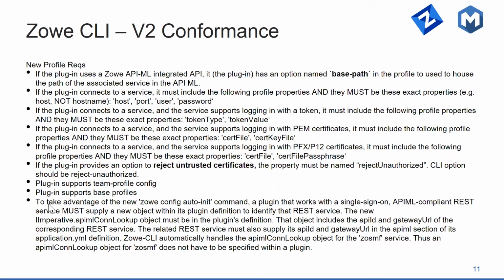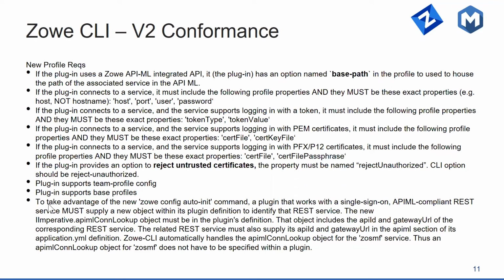That object, this is the key reason here, includes the API ID and gateway URL of the corresponding REST service. And then that related REST service on the API ML side needs to also supply its API ID and gateway URL in the API ML section of its application YAML definition. And this is so that they can recognize each other.